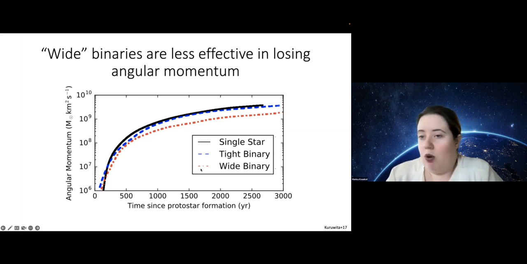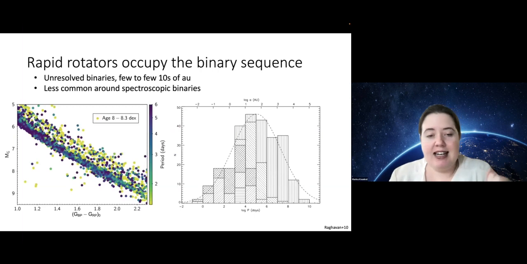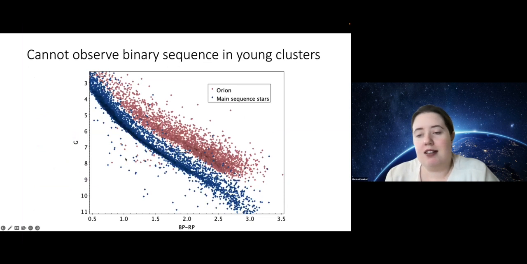But this is all assuming that at these youngest ages, all the rapid rotators are still also binaries. And it can be a bit hard to test, because here at the older ages, we can still see that all of these rapid rotators are dominating the binary sequence. In the younger populations, we don't really have a cleanly defined binary sequence because we have a significant age spread and the fast evolution of these stars.